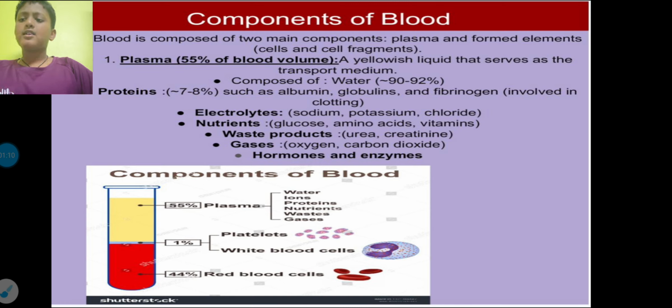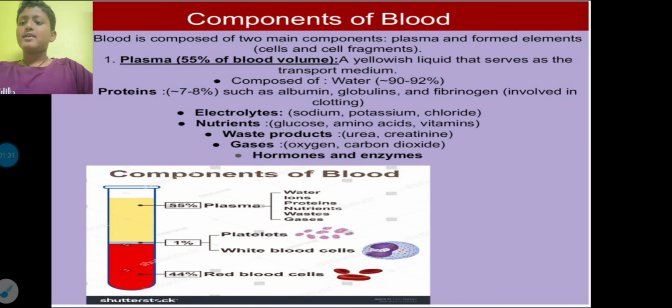So next, actually what does blood contain? The blood is composed of both liquid and solid components. That is, about plasma 55% and formed elements, that means cells and cell fragments, 45%.